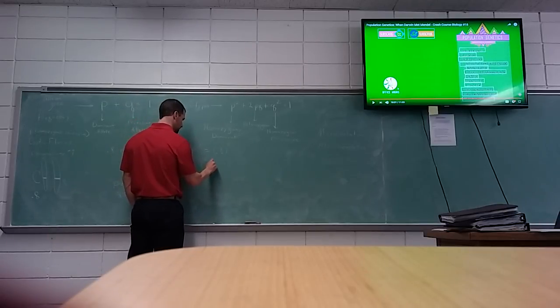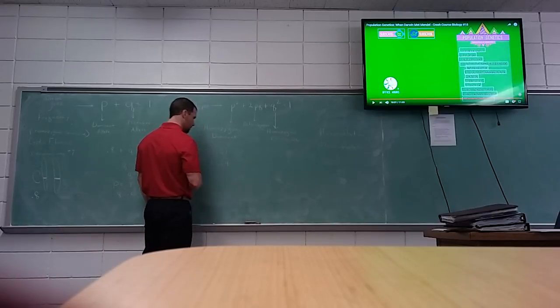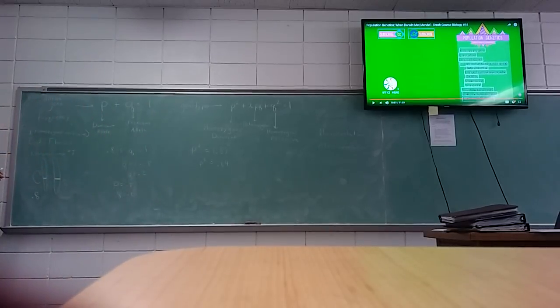P squared is going to equal, if you put it in the calculator, 0.64. So that's smaller, so that would make sense. So your chances of grabbing 2 of these, if 80% of them are the big C's, are about 64% if you were going to get 2 in a row in this population.